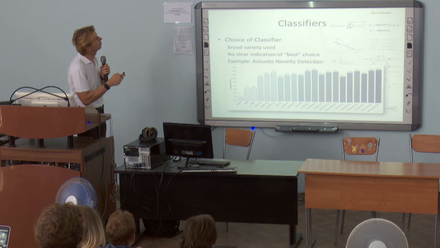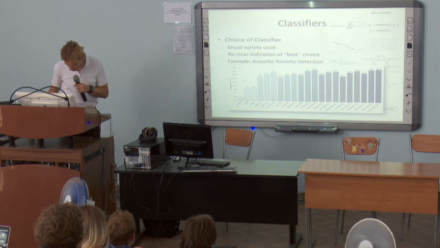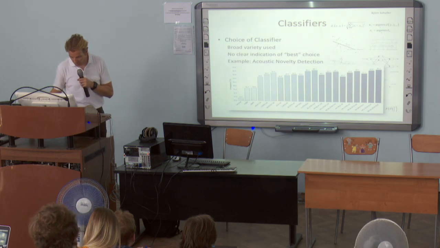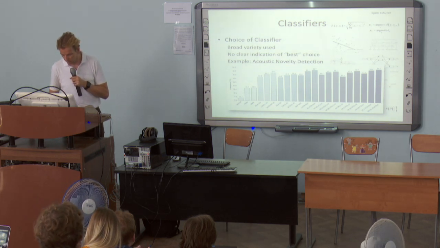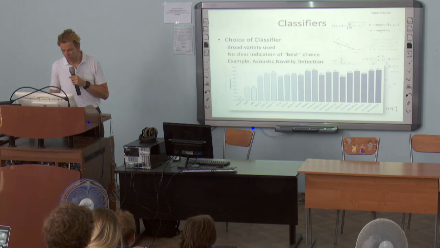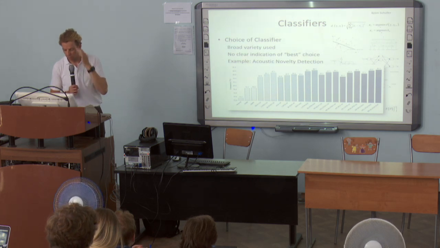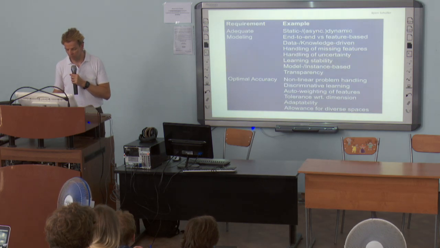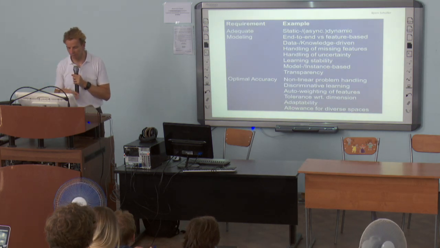And you can see something between 70 and, what is it at the end, almost 90% going from some GMM or support vector machine to some specific type of neural network. So performance is a driving factor in the literature, but there are many more, such as adequate modeling.